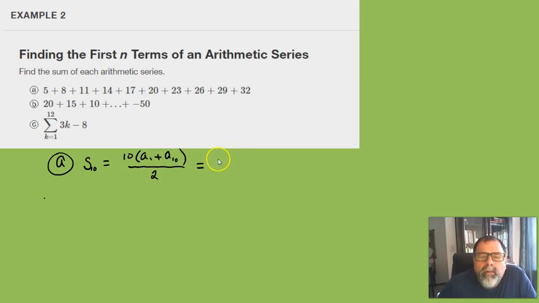So that will get us 10 times 5 plus 32 over 2, which would be 10 divided by 2 is 5 times 37. So let's see, that'd be 150, 185.